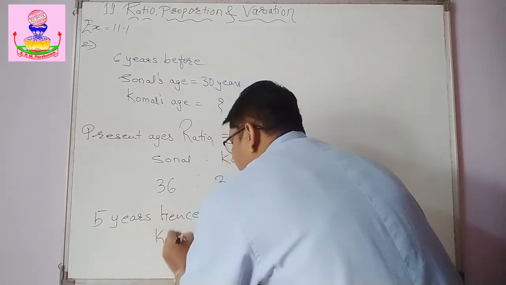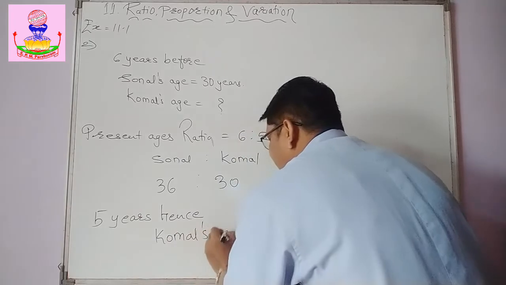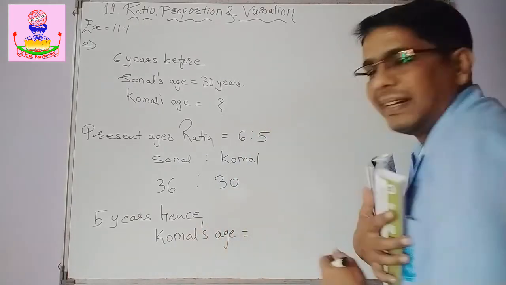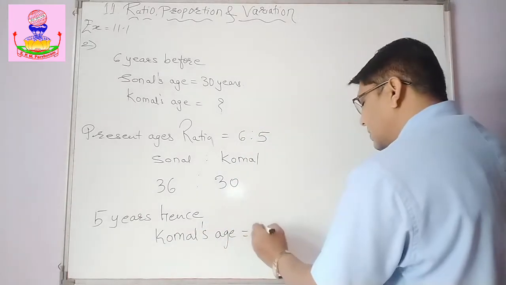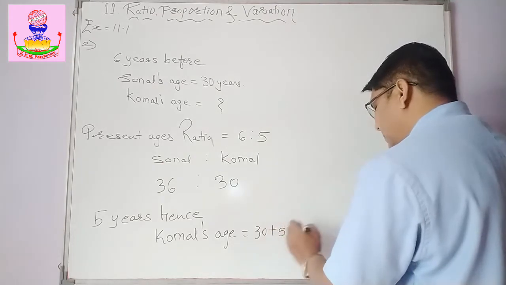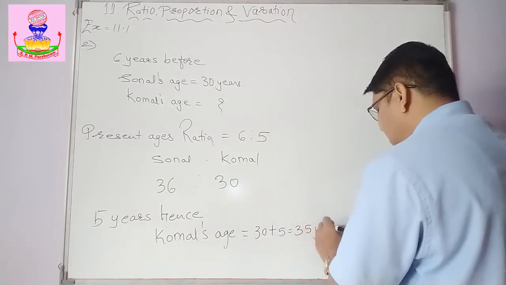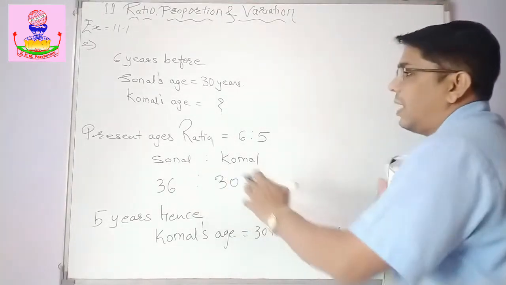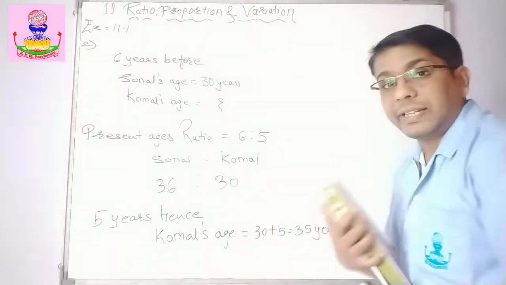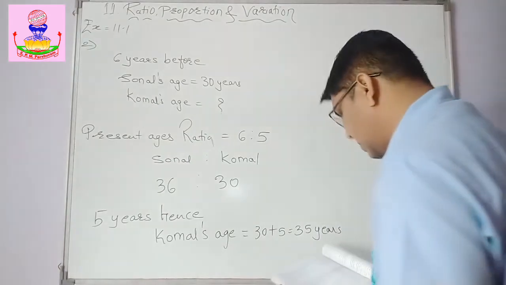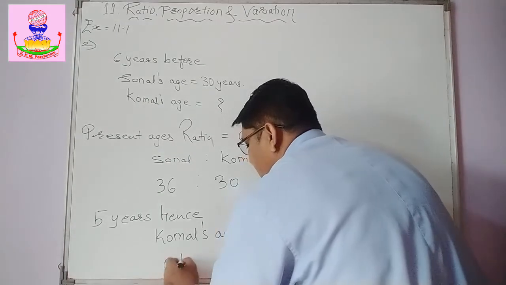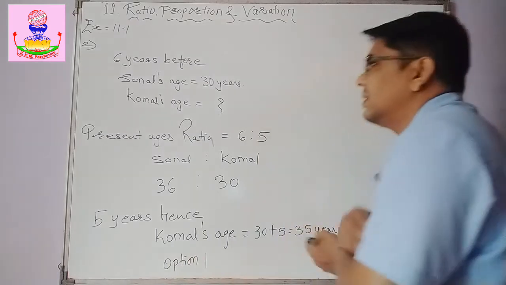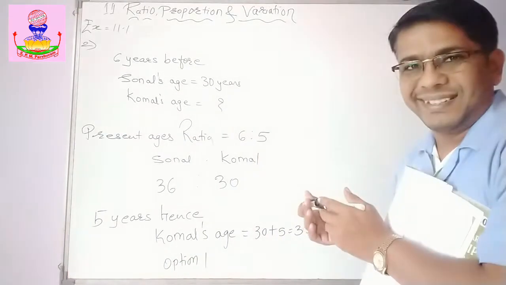So now her age is 30. So after 5 years, it will be 30 plus 5, 35 years. See, I have not used any equation here. From what is given, I have just solved the example. So option number 1 is the right answer.